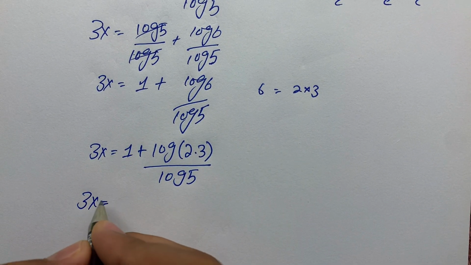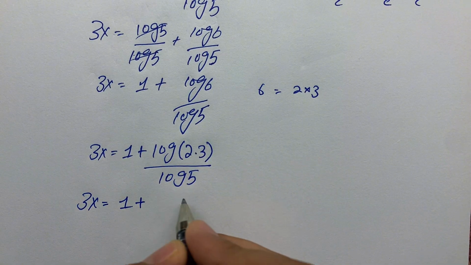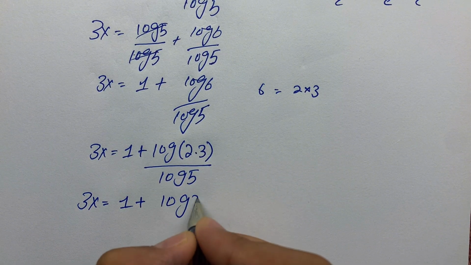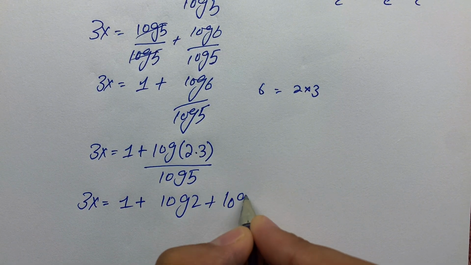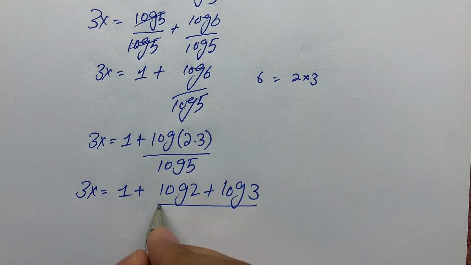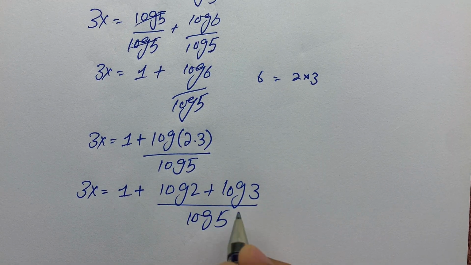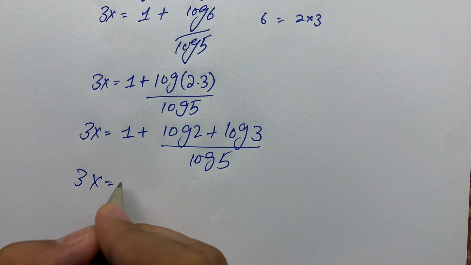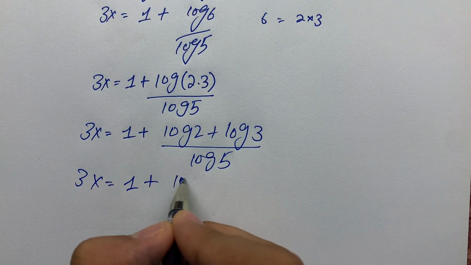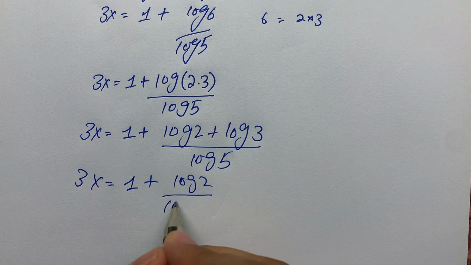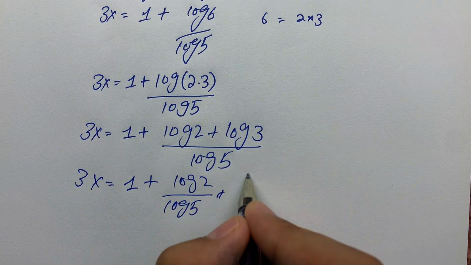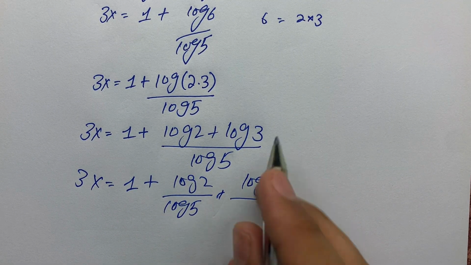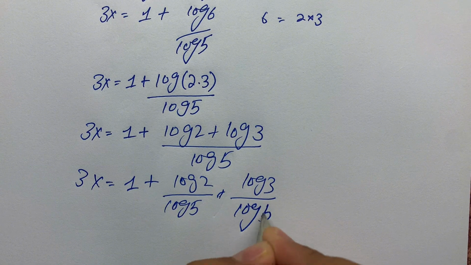So 3x is equal to 1 plus log of 2 plus log of 3, divided by log of 5. 3x is equal to 1 plus log of 2 divided by log of 5 plus log of 3 divided by log of 5.